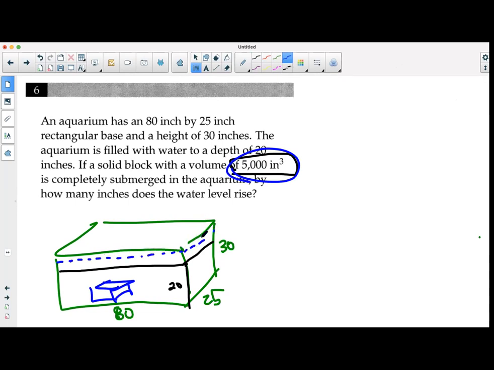When water rises, you will realize the base area doesn't change. It's still 80 and 25, but the height will change a little bit. So in other words, 80 times 25 times h, this little h, the increase in height, is equal to 5,000.